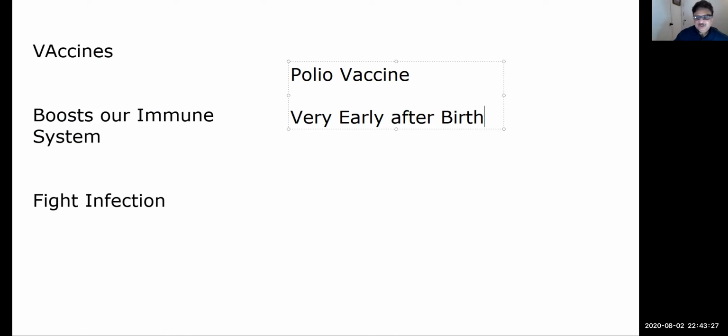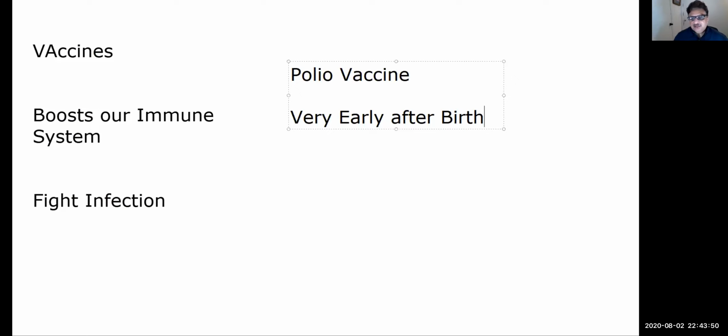First it used to be injected, but now it is given orally. That is also a development, because if you inject a small baby, it's painful, but if it is given orally, it is more comfortable. So vaccines are advancing in that direction also.